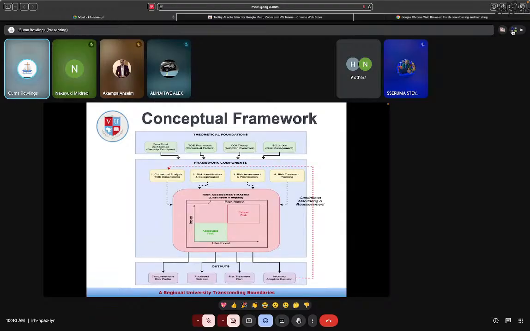So here are the independent variables, the contextual factors. If I may move my mouse. Here, this is where the TOE factors are, those are the independent variables. And the dependent variable will be the adoption decision that is given by the framework.